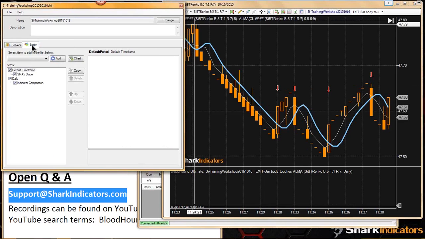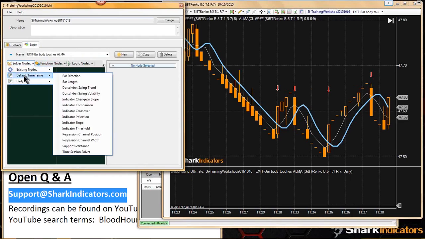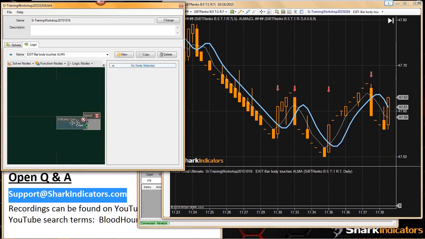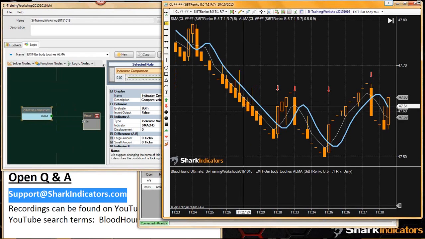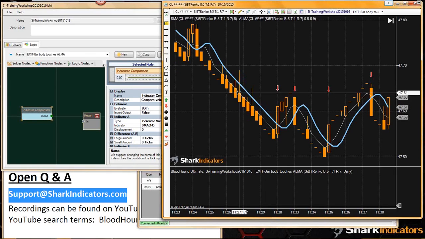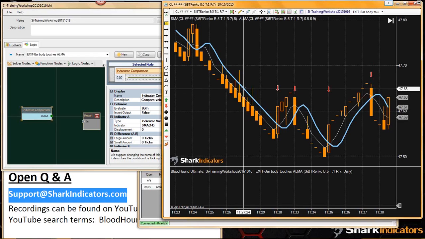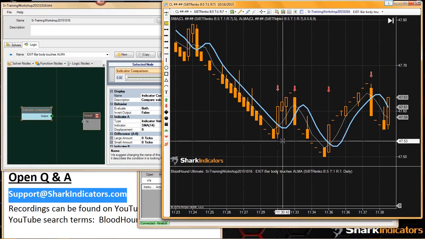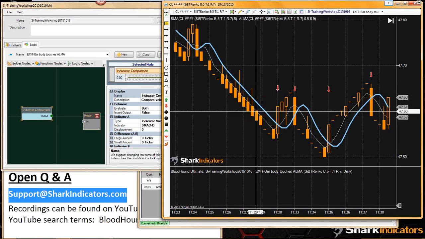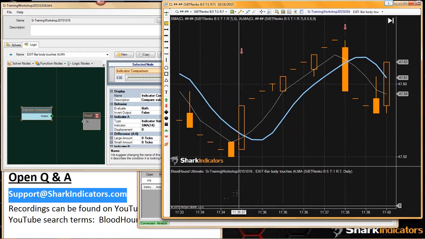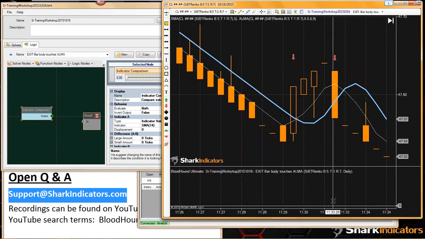So if we're doing comparisons, we're going to use the comparison solver for that. So to know if the body is touching our moving average, let me make this a little wider.